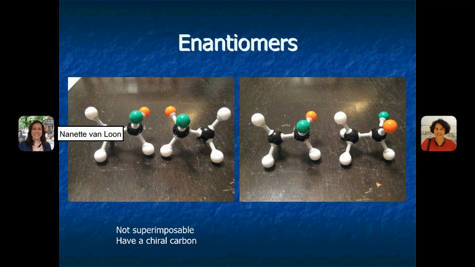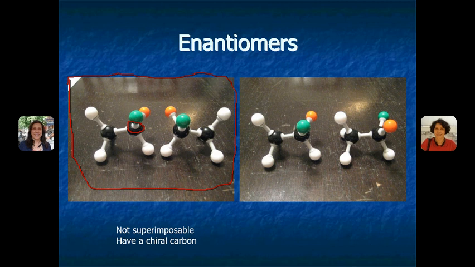Just like the right hand and the left hand are not superimposable, enantiomeric molecules are also not superimposable on each other. On the illustration here we're looking at a set of enantiomers, and we just have them facing, in this case, in opposite directions. The chiral carbon in them, I'm going to circle it, is this carbon here.